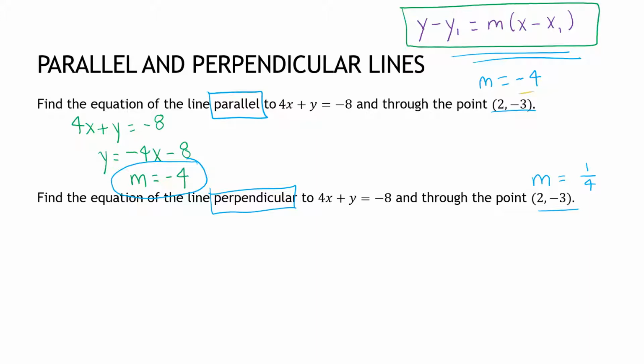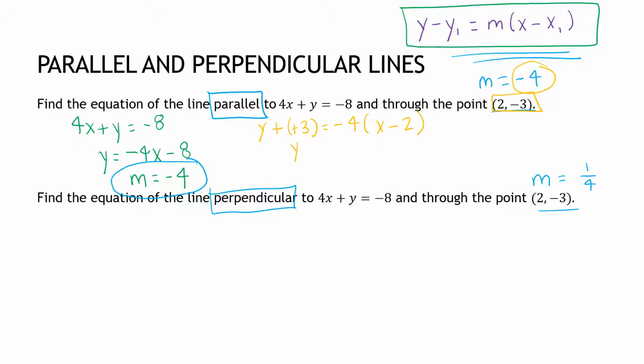Keep in mind that this is my x1, y1, so it's y minus my y value of negative 3. Use my parallel slope of negative 4, and then x minus 2. I'm going to flip the sign on the left side because minus negative makes it plus.